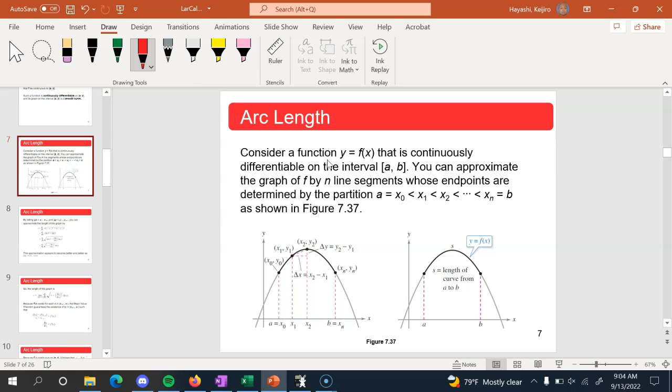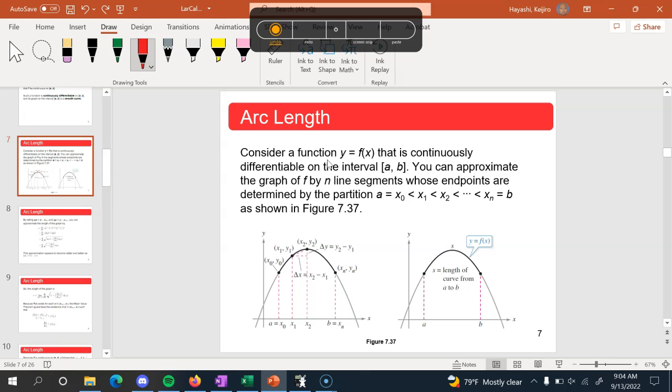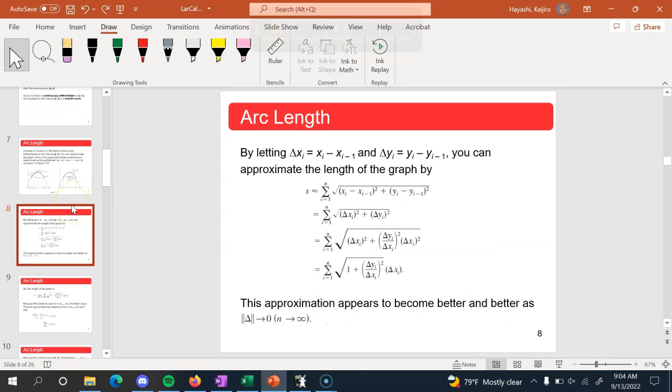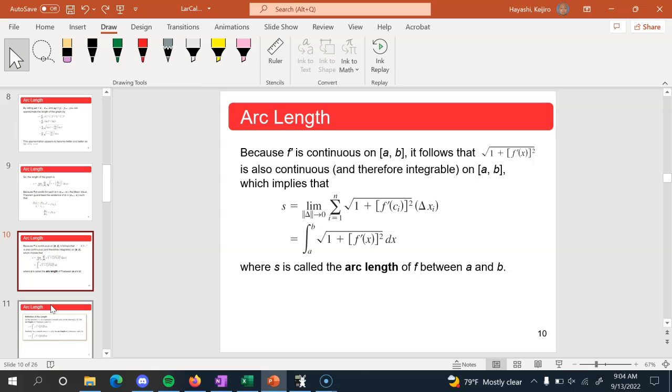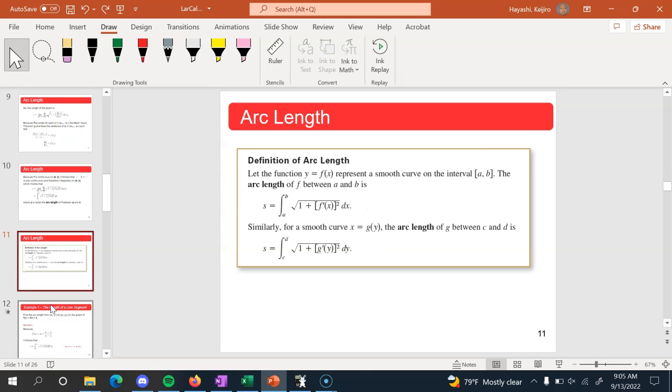Just imagine trying to find the length of a curve from here to here, and then approximating it by a series of line segments that you're going to increase the number of. Okay. Don't worry about this. In fact, we're just going to skip to the actual formula. But if you want the actual derivation, it's back there.